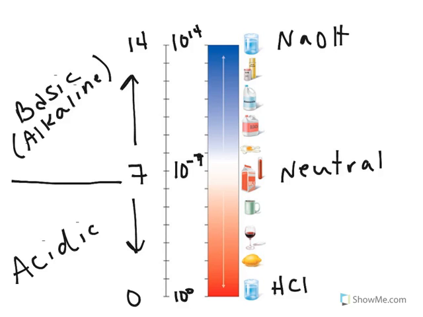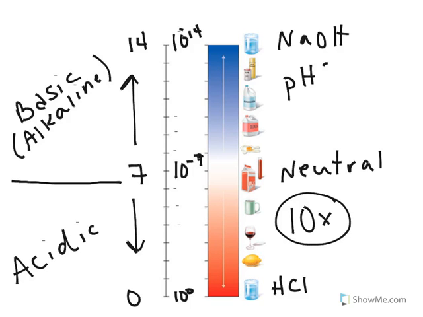Each time you move one step up or one step down, you're increasing or decreasing it by a factor of 10. So to say that there's a substance that has pH 2 versus pH 3 would mean that the pH 2 has 10 times more hydrogen concentration than the pH of 3.